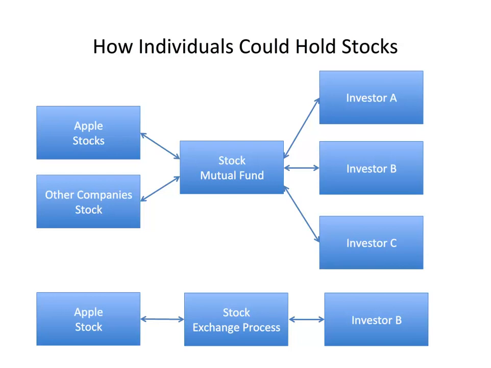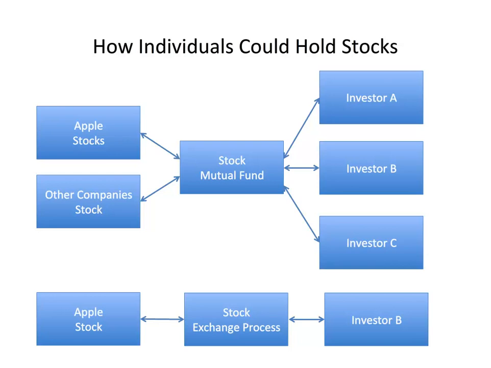There are more than two ways that an individual could hold Apple stock, but the typical ways are through a stock mutual fund. The Vanguard 500 is one of those funds. That stock mutual fund would purchase shares in Apple stock and other company stocks and then sell shares in the mutual fund or ETF to individual investors.